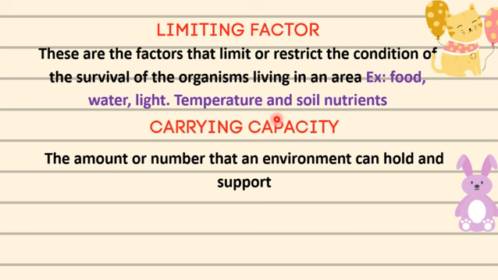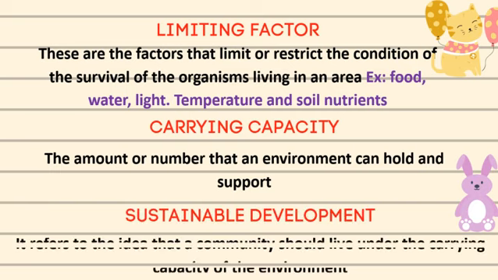And if the population exceeds the carrying capacity, deaths of organisms may take place because the number of organisms is too much and the environment cannot support all their needs. That is why it can result in the death of some organisms living in that particular community. So it is very important that communities should live under the carrying capacity of the environment so that sustainable development would be achieved.